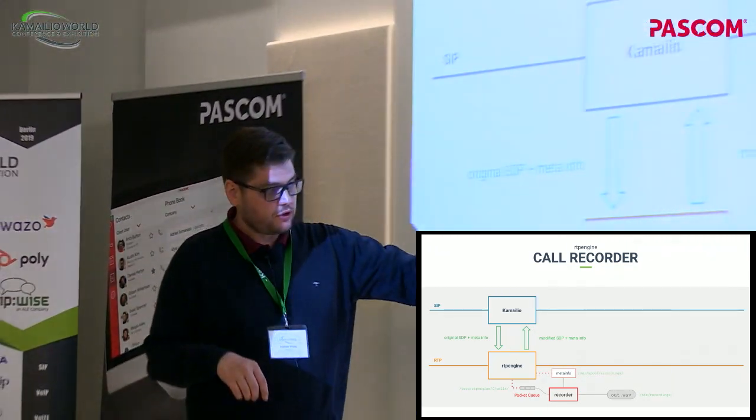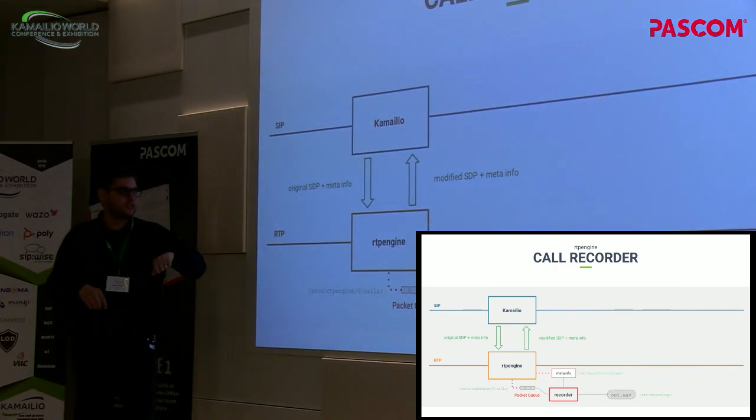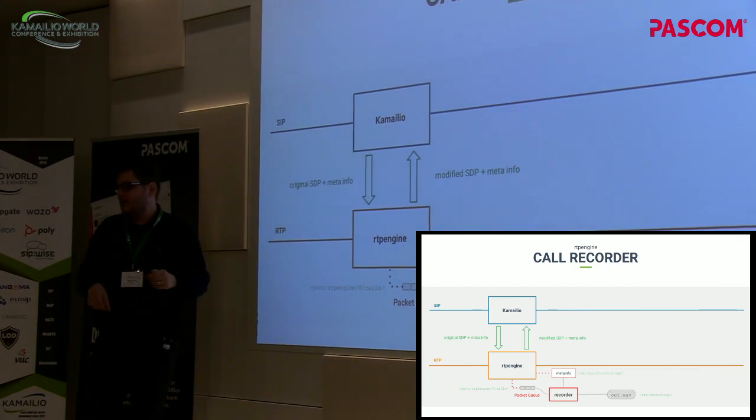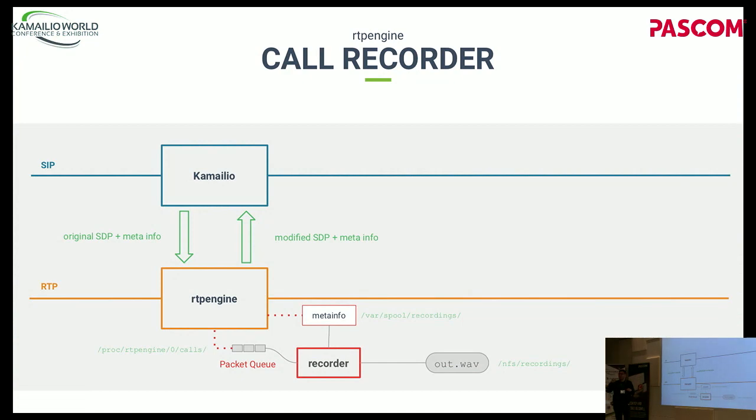And the way that works is, as I said, RTPEngine in that case, if you instruct it to record it, it writes meta information onto the file system, so in /var/spool/recordings by default, and you can, for instance, listen via inotify for changes in this directory, and every time you get a new file, you open it up, you read it, and then you will find the path of the actual media where it's being exposed, and then you can start reading it there, and you can read the two different streams individually from those, and the recording daemon on top actually starts reading that and starts, as I said, transcoding it into PCM.